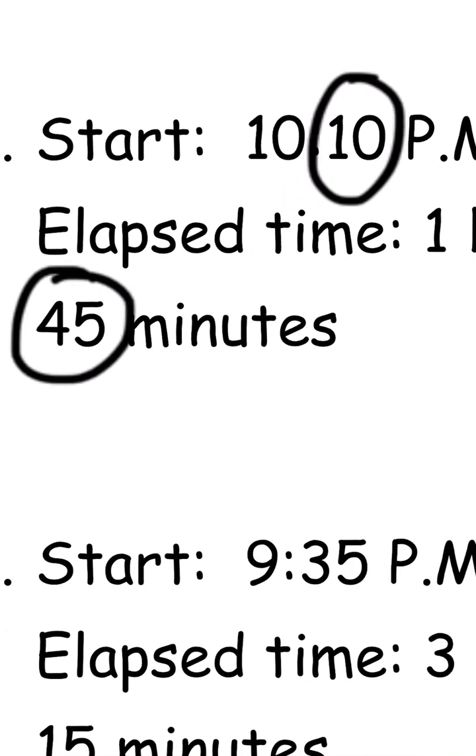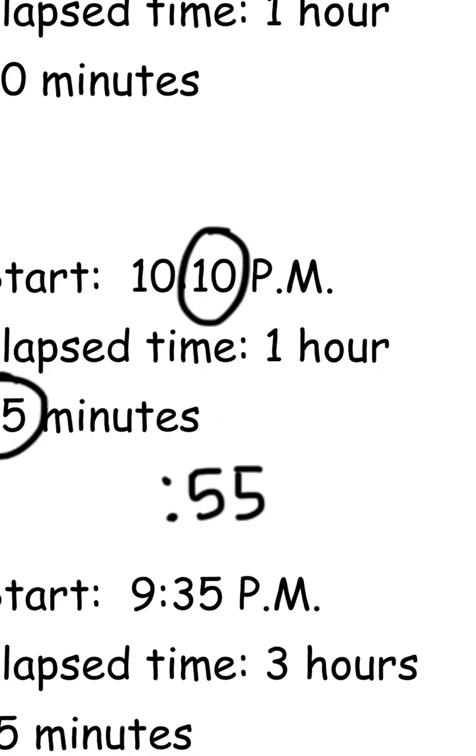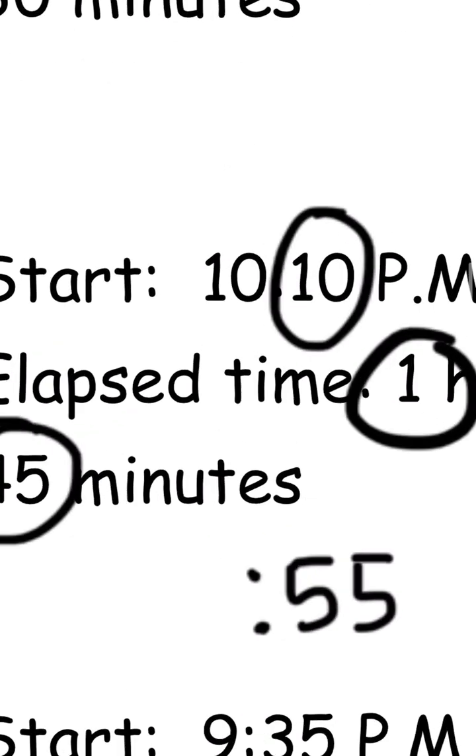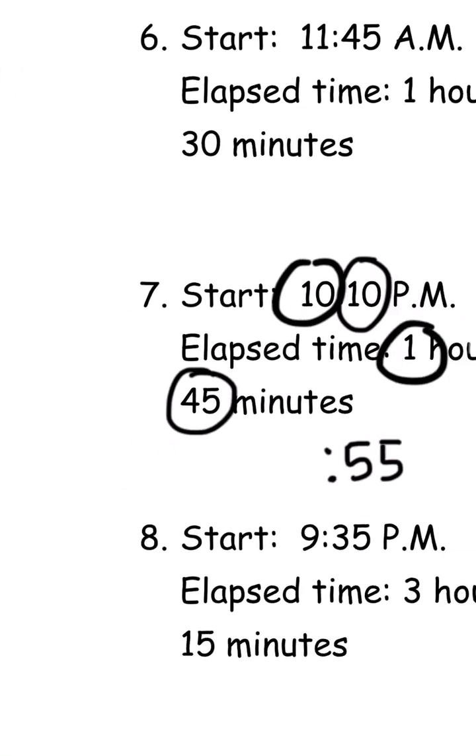And so 10 plus 45 is 55. And now we need to add 1 to 10, which is 11:55 p.m.